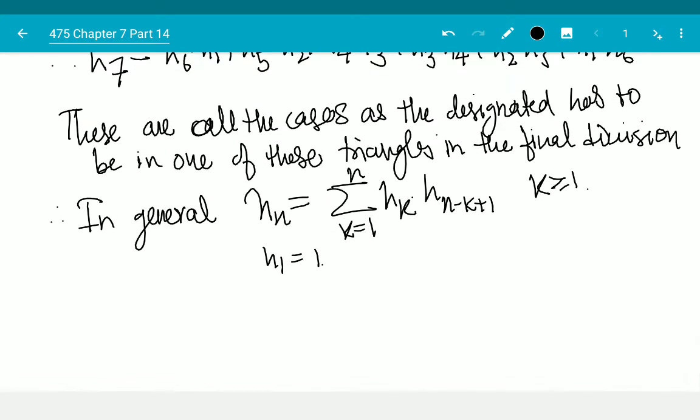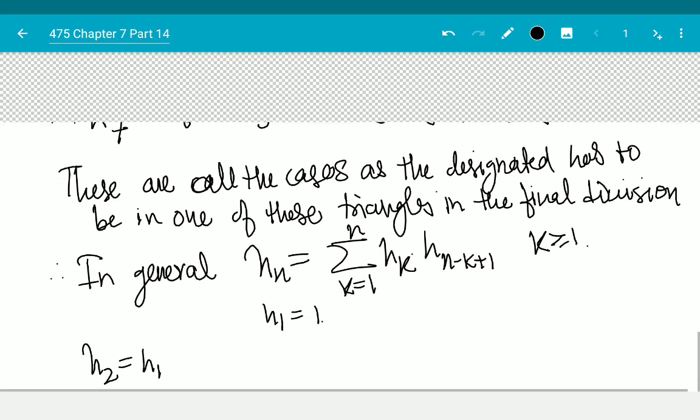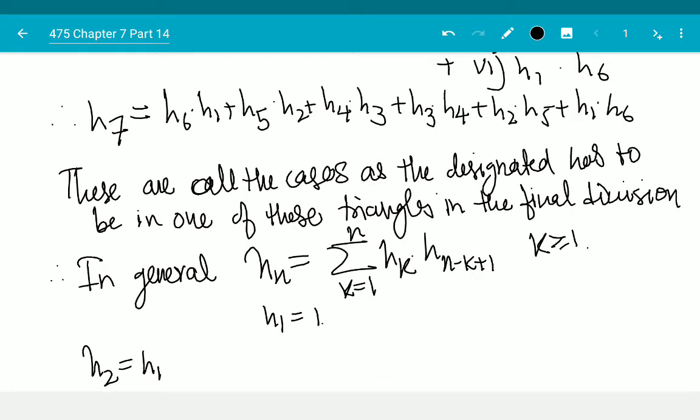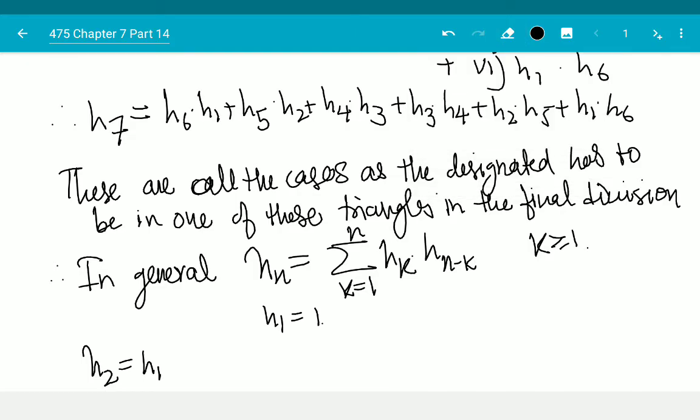And let us check if it makes sense. That should have been just h of n minus k.